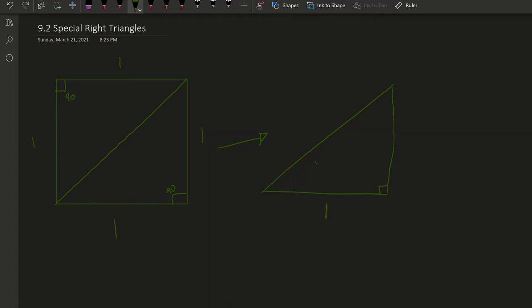So I've got 1, 1, there's 90 degrees, and then these two angles right here got split in half, giving me two 45-degree angles, which leads us to the naming of this triangle. Since there is a 90-degree angle and then two 45-degree angles, the first special right triangle that we talk about is the 45-45-90 triangle.